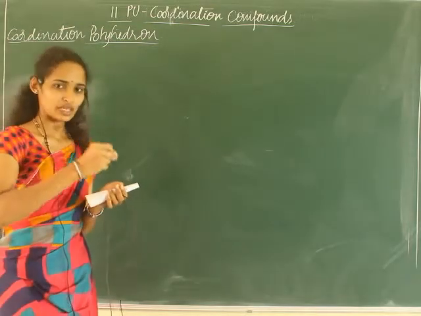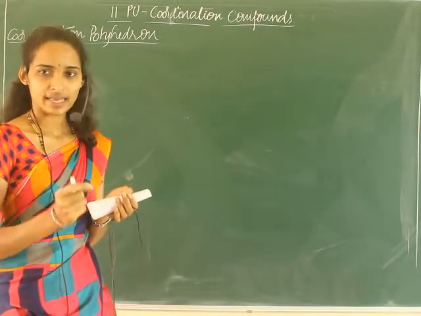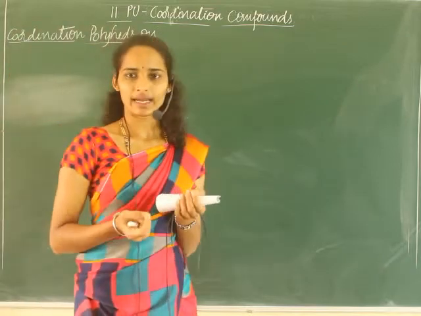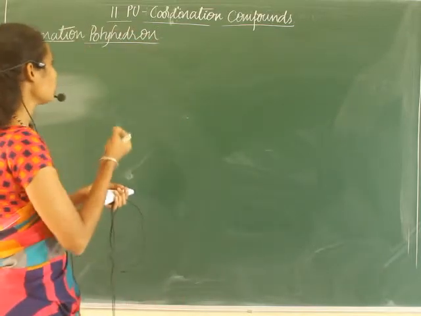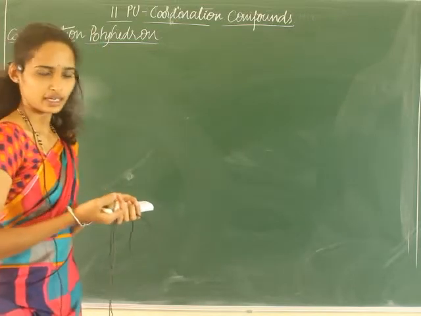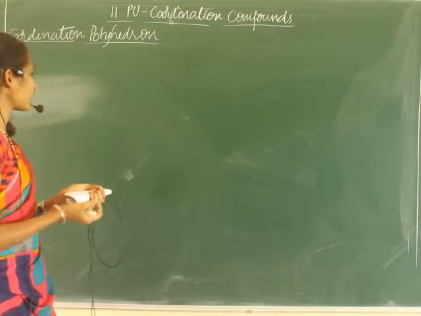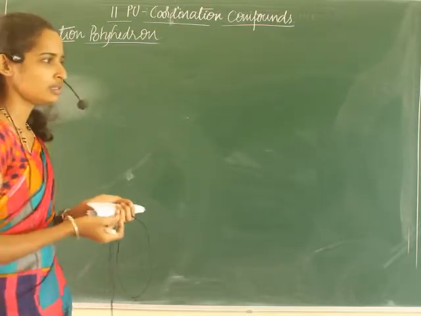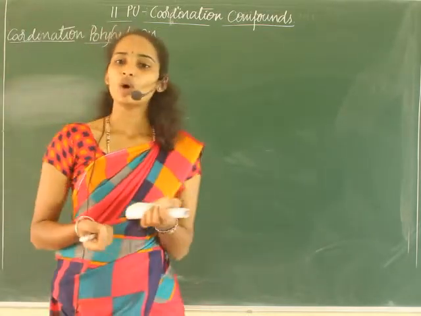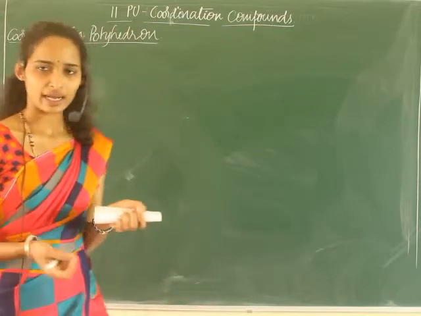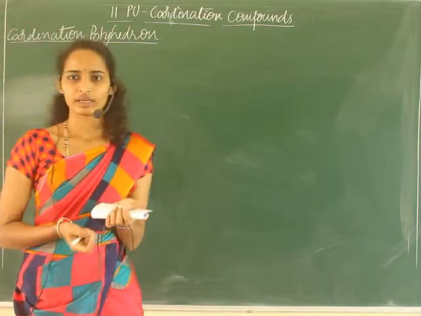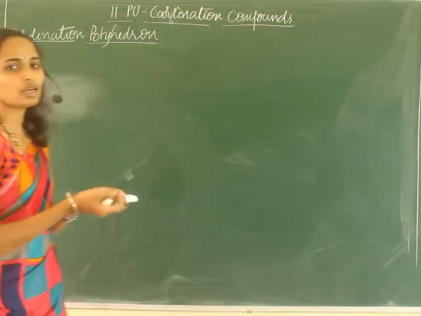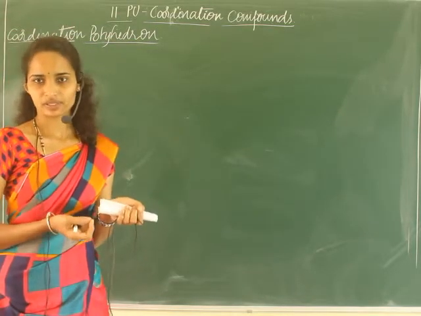That spatial arrangement of ligands directly attached to the central atom is explained by the coordination polyhedron, and you can commonly observe tetrahedral, square planar and octahedral spatial arrangements, right? Let us discuss the structure of these coordination polyhedrons.